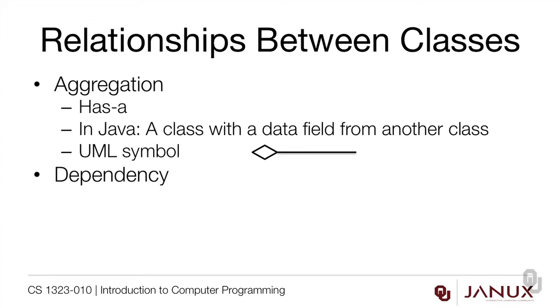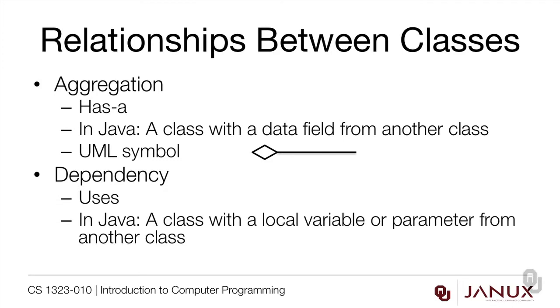The other relationship is called dependency, or uses. And so uses is kind of the nickname for that. Now in Java, this relationship exists when a class has a local variable or a parameter from another class, but not a data field. So you can see uses is a much weaker relationship. Now, one of the things about uses relationships is they often don't get documented in the UML unless they're very, very important. So a lot of these things tend to be sort of coincidental or minor.